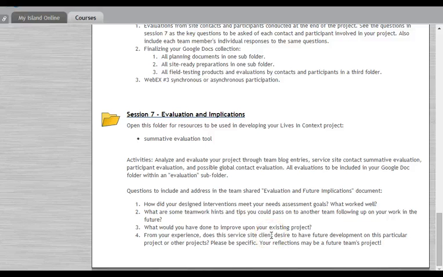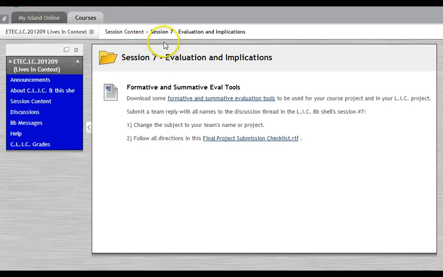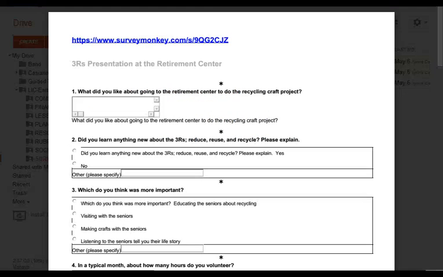In one of the final steps, the team will want to evaluate their plan. In this step, the team will be reflecting back upon the project and evaluating the outcome. Teams will also solicit feedback from the site contacts and participants. Teams can have the participants fill out a survey.